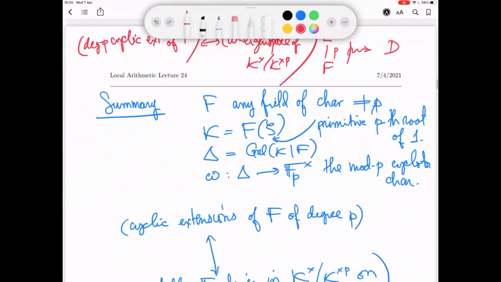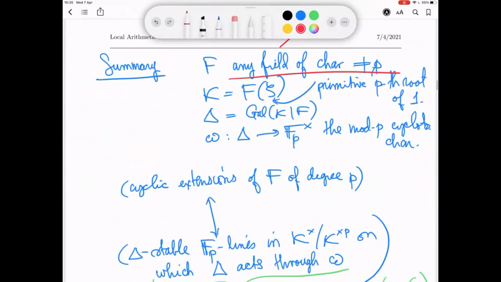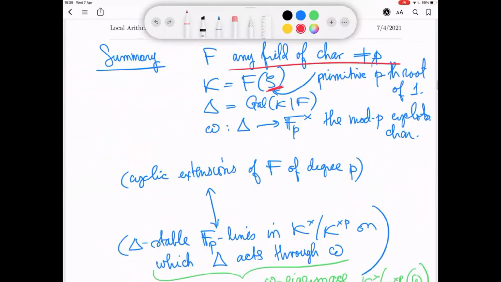So here is the summary. Take any field F of characteristic different from P, where P is a prime. Adjoin a pth root of unity to F to get the field K. Delta is the Galois group.